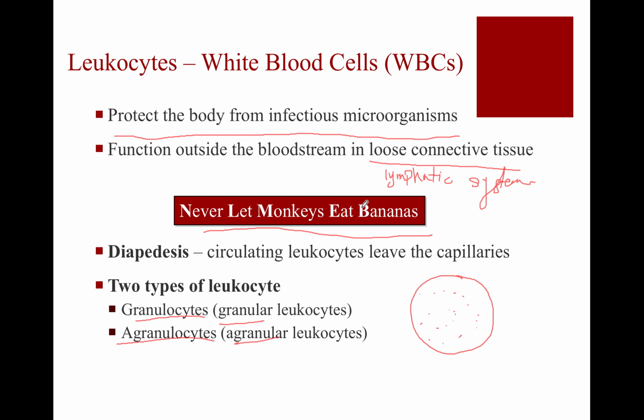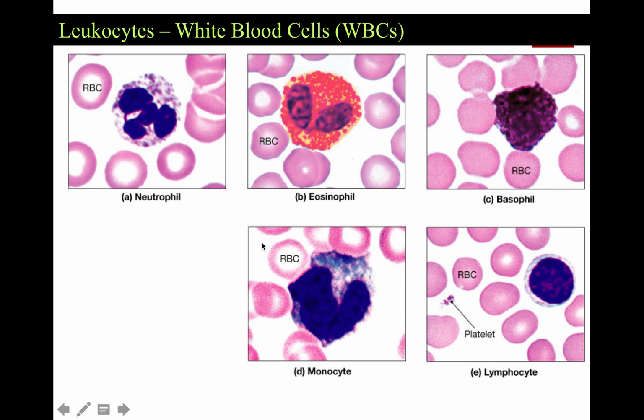So "Never Let Monkeys Eat Bananas" is basically a way for you guys to remember the frequency of your white blood cells. Here is a representation of the 5 categories of your white blood cells: neutrophils, eosinophils, basophils, monocytes, and lymphocytes.